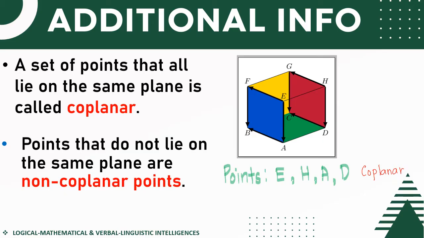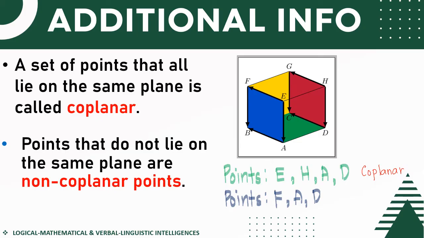How about an example of non-coplanar points? For non-coplanar points, for example, we have F, A, and D. Let's say we have three points only.